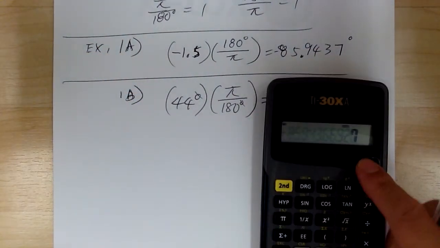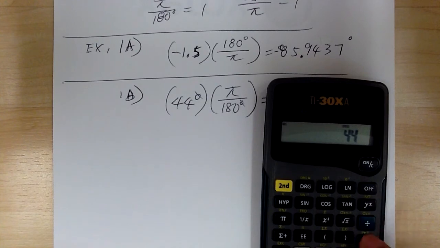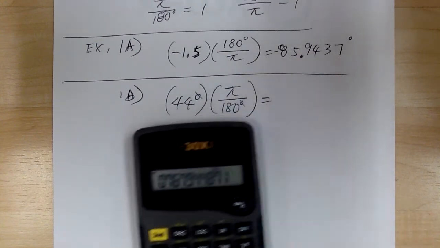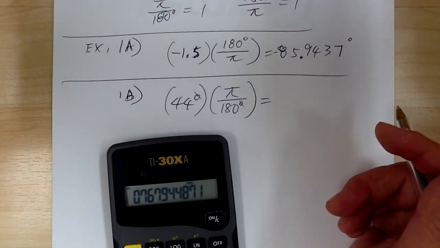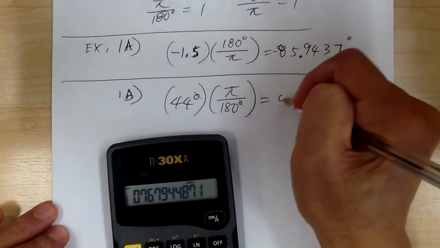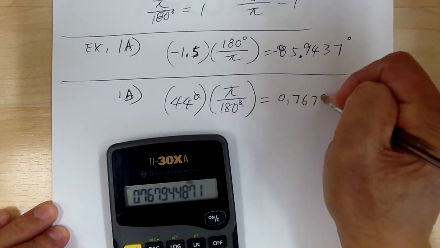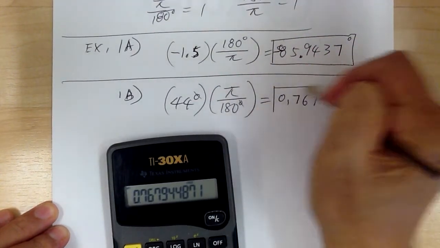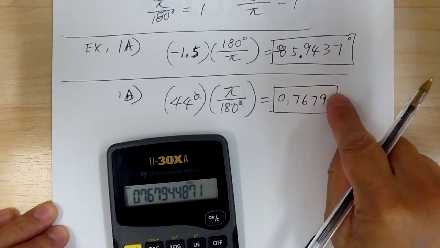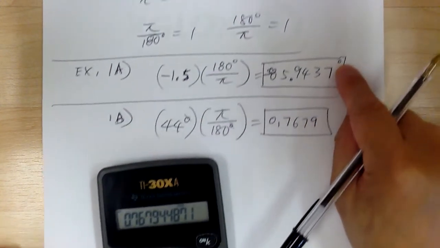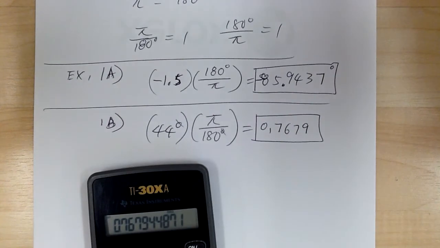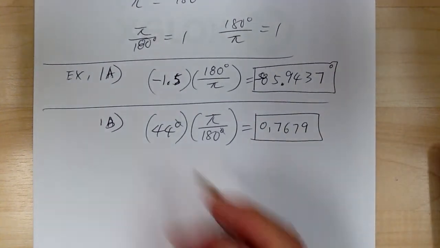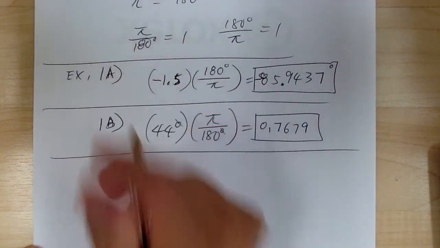So you get 44 times pi divided by 180, to 4 decimal places, which is 0.7679. And again, no circle means radian, and a little circle means degree. That is very important because they are very different.